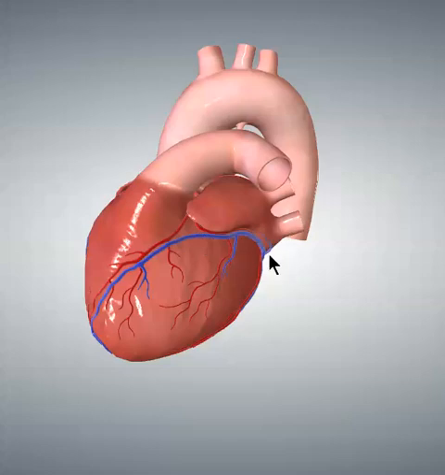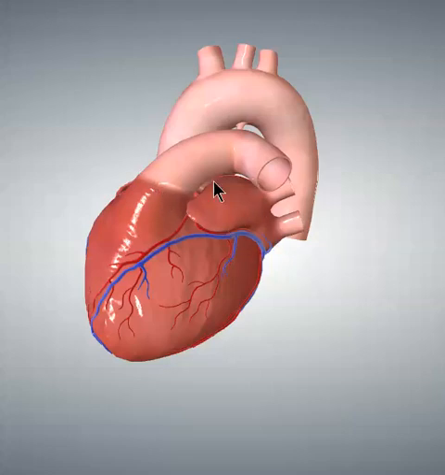That refers to the base of the heart. The base of the heart is this portion of the heart that separates the atria from the ventricles. It's the plane where the aortic valve and the tricuspid and mitral valves are located, but it is separating the atria from the ventricles.